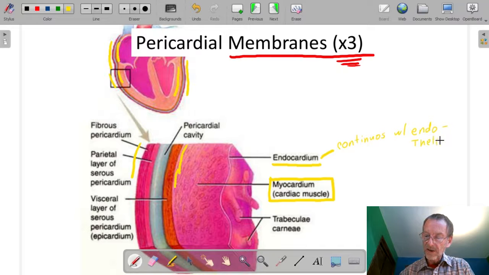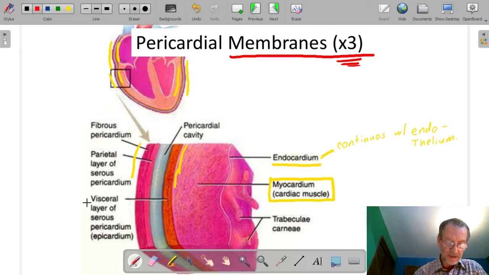And the endothelium, you recall, is what lines the blood vessels. So the endocardium is the membrane that's lining the lumen of the heart. Myocardium is the muscle, but the pericardial membranes are shown over here, and we'll do them.